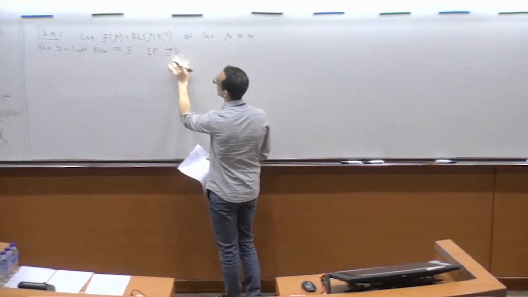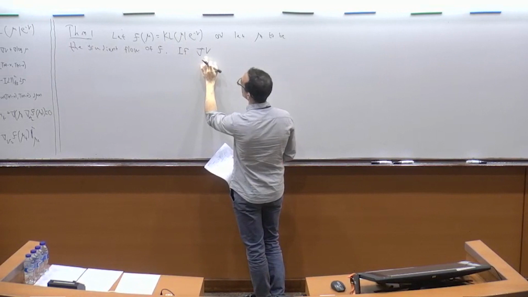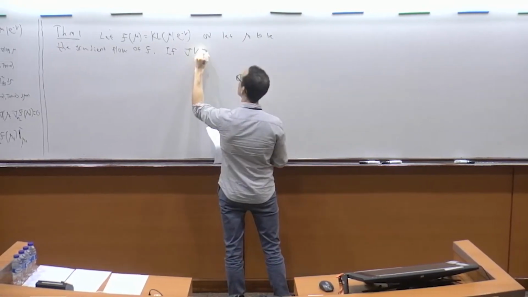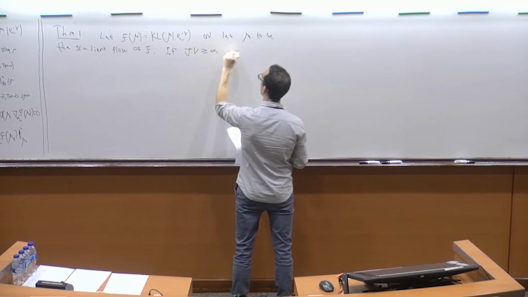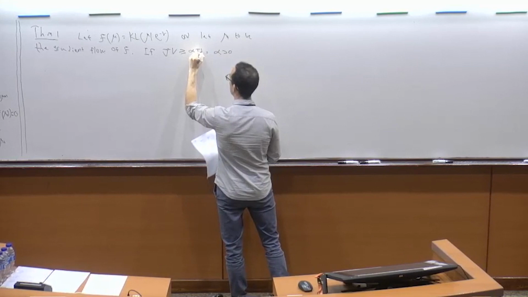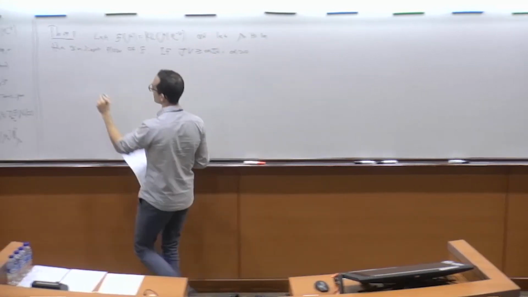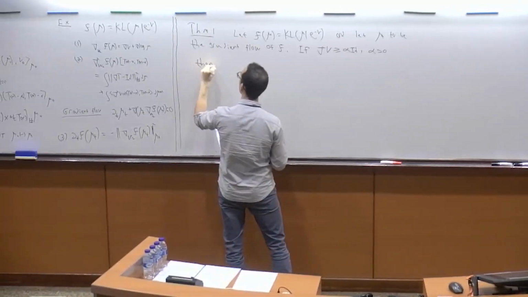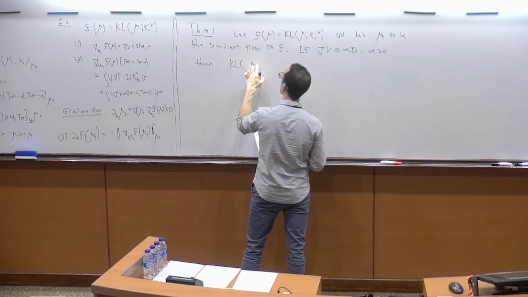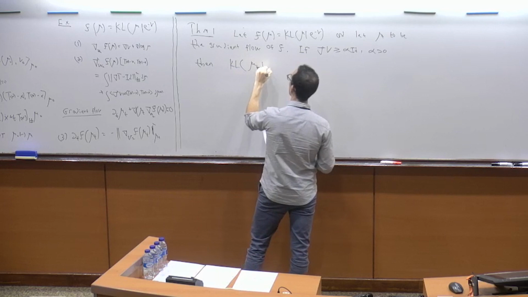If the Hessian of V, where V is the potential of the stationary distribution, is lower bounded by alpha, where alpha is some non-negative number, and here we mean alpha times identity, then we have exponential convergence in the sense of the KL divergence.